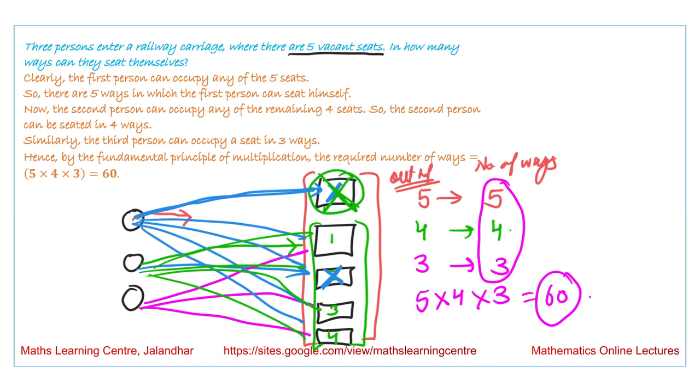Next case, suppose the first person sits on this seat, again he will have 4 options. Likewise, he will have 5 into 4 options. When the third person enters over here, he will have 3. The total number of ways in which these persons can sit is 5 into 4 into 3, that is equal to 60.